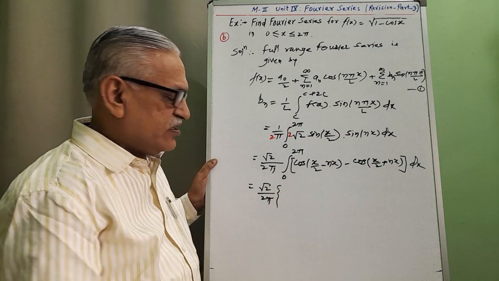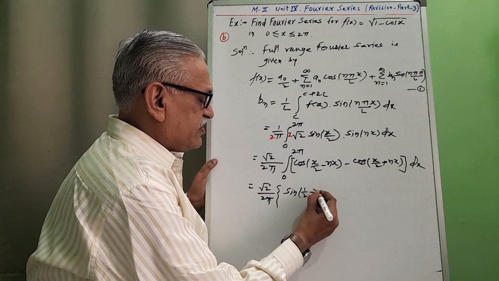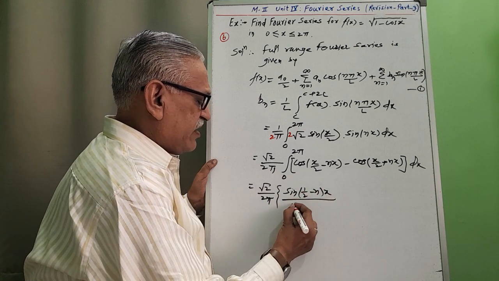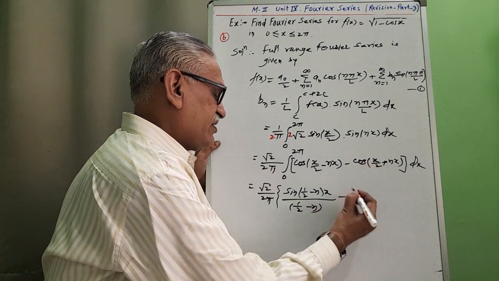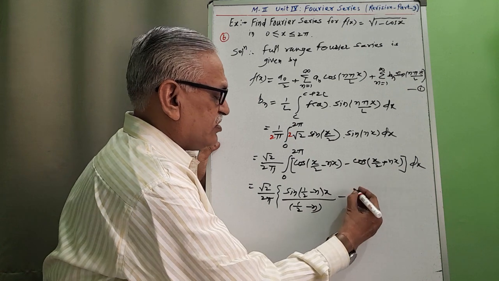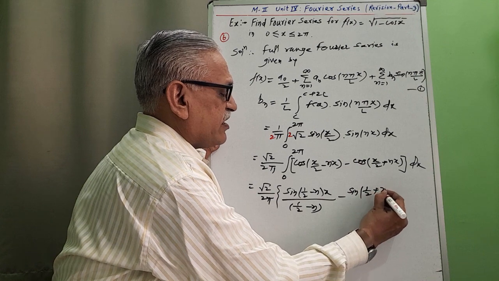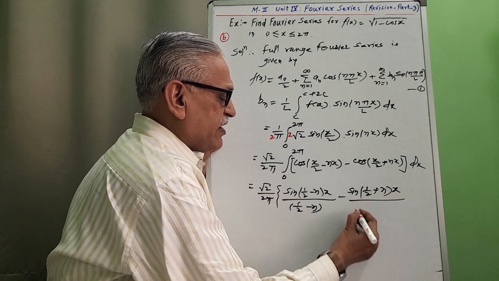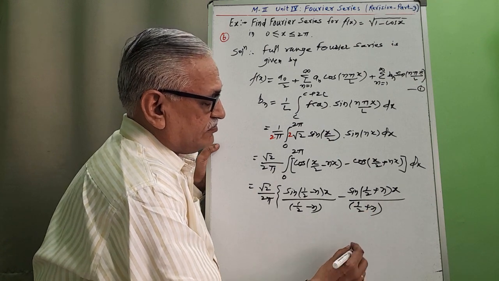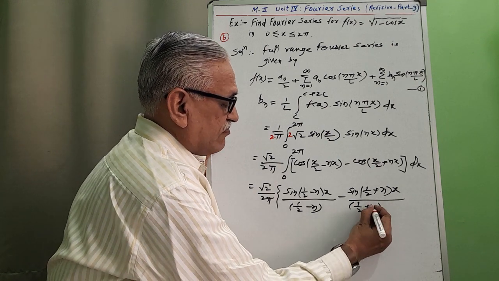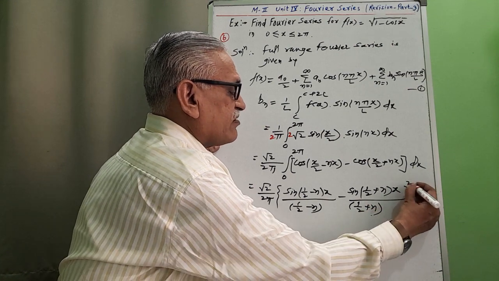Integration of cos gives sine of 1/2 minus n times x divided by 1/2 minus n, minus integration of this cos, again sine of 1/2 plus n times x divided by 1/2 plus n, and limits from 0 to 2π.